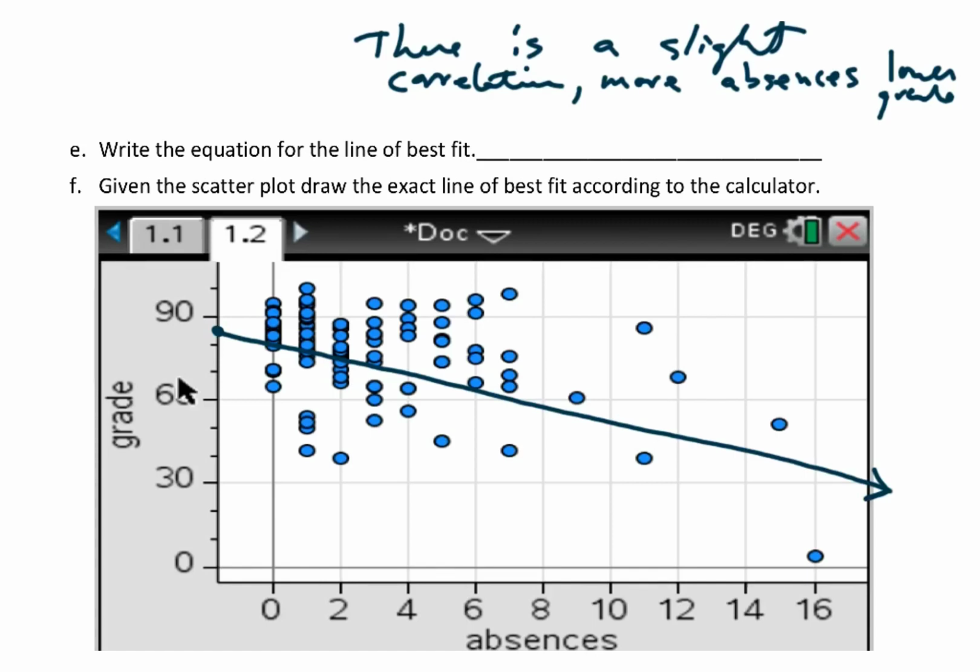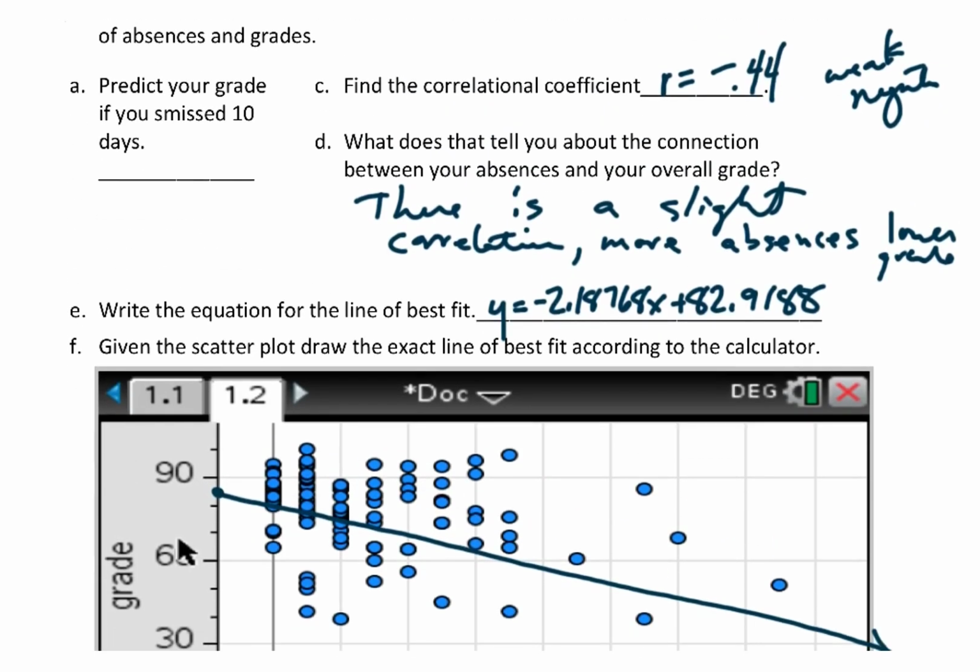And the equation was y equals negative 2.18768x plus 82.9188, which we used, and we plugged 10 in for x, and we came up with you should have about a 61% if you miss 10 days. So if you're just trying to pass the class, how many days could you miss? Well, you could miss at least 10 and you should still pass.